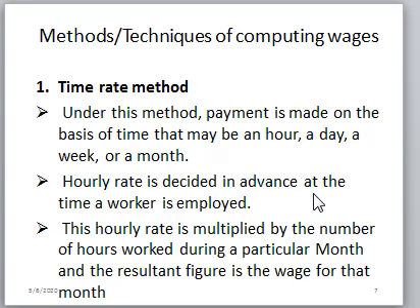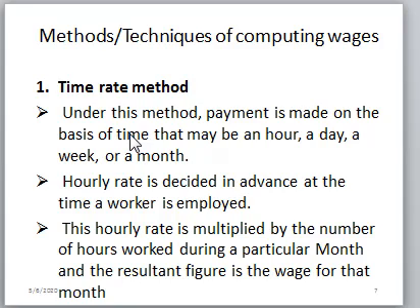So let's look at the methods of remunerating labor, the methods you can use to compute labor wages. How do we remunerate labor? You can remunerate labor based on the time rate method, meaning that in this case you are paying your labor per hour, per day, or per month.